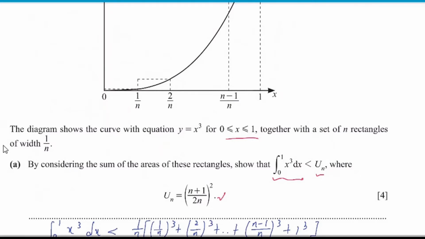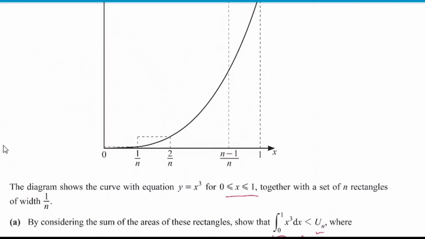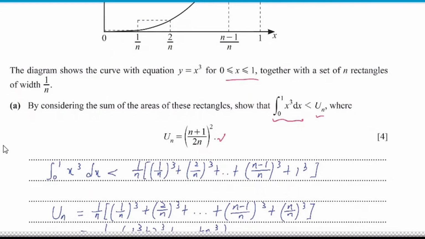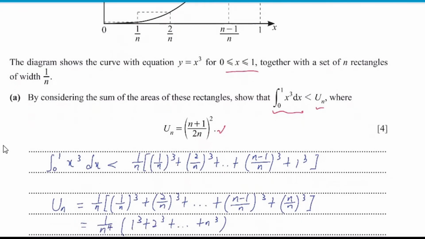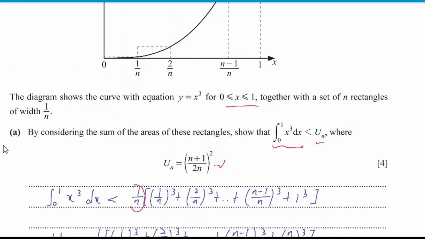And usually, the figure given is for us to solve the first part. So very easy here. We just need to find out what the heights and the areas are. The areas of these rectangles are given by the width 1 over n multiplied by all the heights.